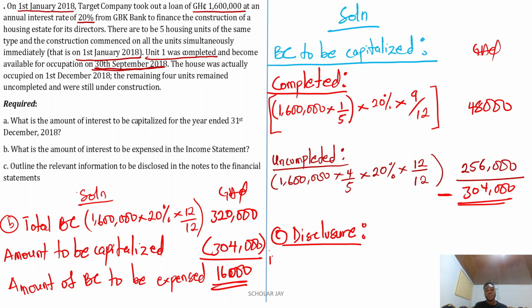So in the disclosure notes, we are going to tell them that borrowing cost of 304,000 Ghana cedis would be capitalized.